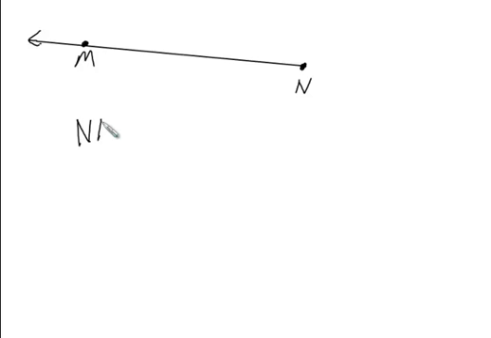Just to clarify that, there's another example. If I had a line, and I make it have the arrow over here and the endpoint here, and this is N and this is M. To write this ray, I must write N, then M, and write the ray this way.